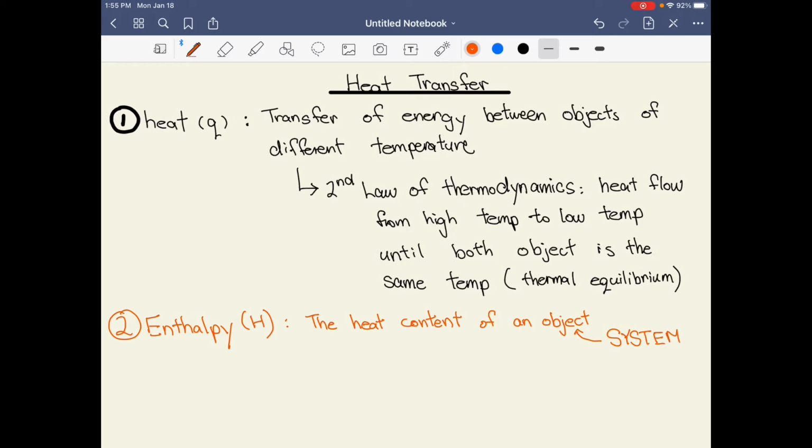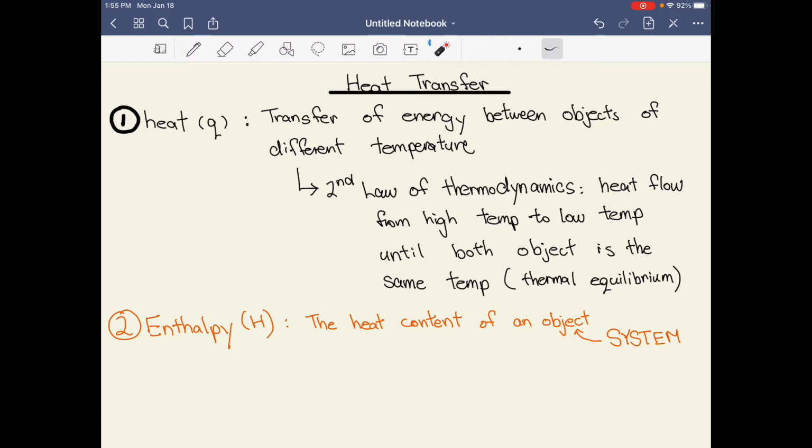When you have a chemical reaction happening inside a beaker, that is a system. So the chemical that is reacting inside the beaker is a system. Around the beaker is known as the surroundings. So enthalpy, H, is the heat content or the amount of heat inside a system.